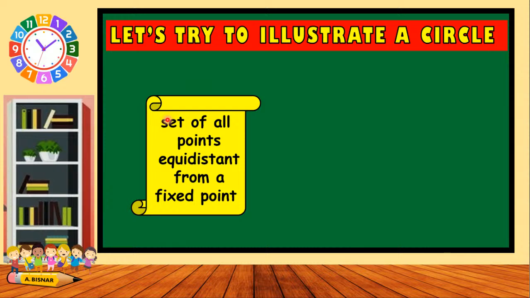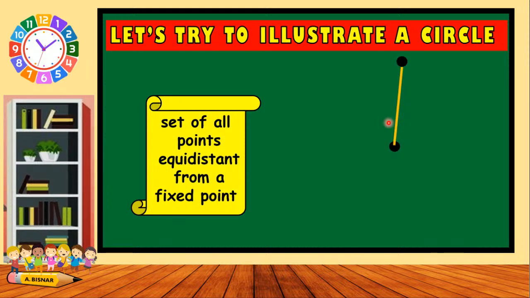According to the definition, it is the set of all points equidistant. Ibig sabihin, pare-pareho yung layo nila mula sa fixed point. For example, in here, since this is our fixed point, then there are other points na pare-pareho yung distansya mula sa kanya. So, for example, with this one.